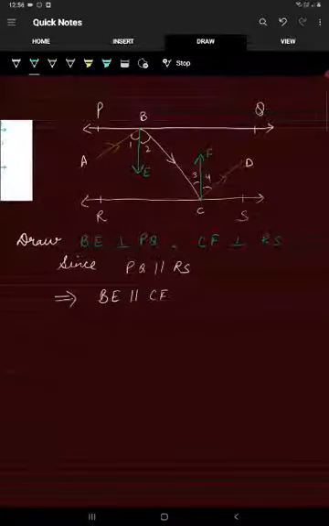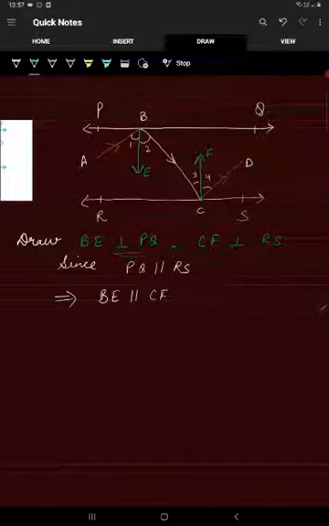Again drawing the figure: PQ is a mirror, RS is a mirror. When AB strikes PQ, AB is called the incident ray, and I have drawn BE perpendicular to PQ, therefore BE will act as a normal to this mirror.